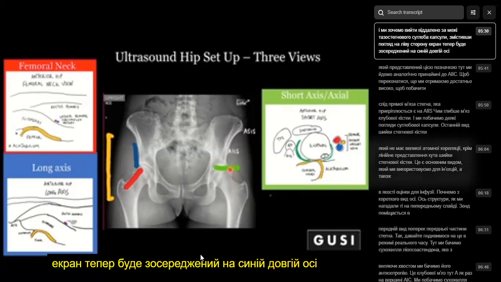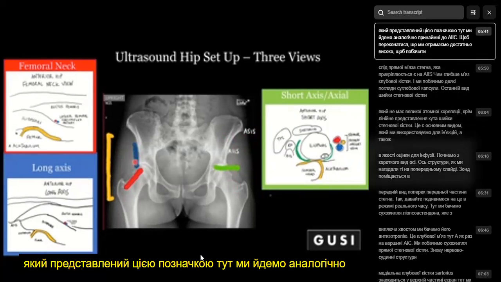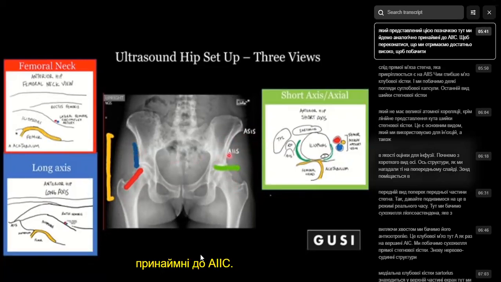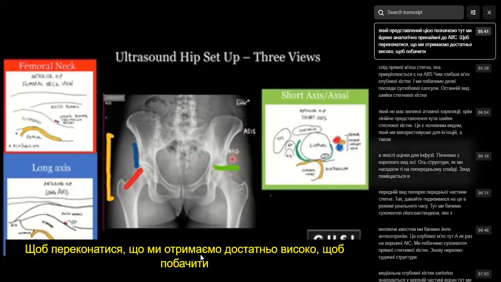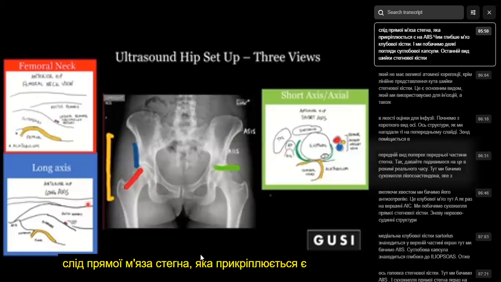Shifting your view to the left side of the screen, now we'll focus on the blue long axis, which is represented by this mark. Here we're going similarly, at least to the AIIS, to make sure we get high enough up to see the footprint of the rectus femoris muscle, which attaches on the AIIS.